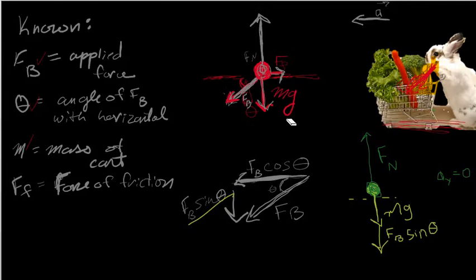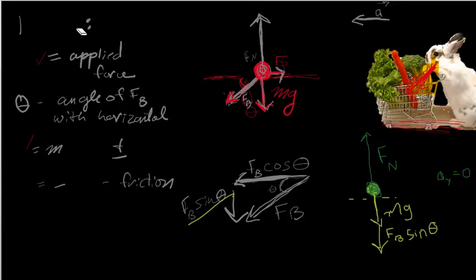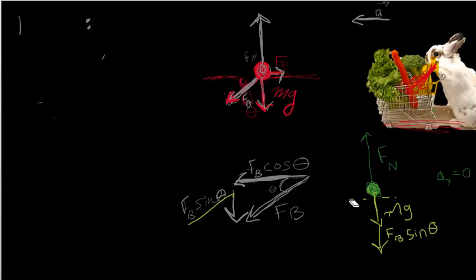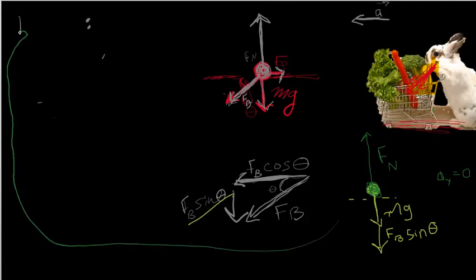I'm going to go ahead and delete some of this over here. The way that you would handle this using Newton's second law is pretty straightforward. I'm going to take all of this green stuff and come over here to work on it. So I would write acceleration equals 0.